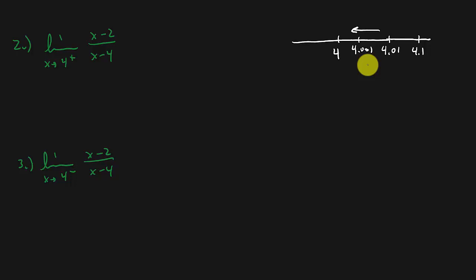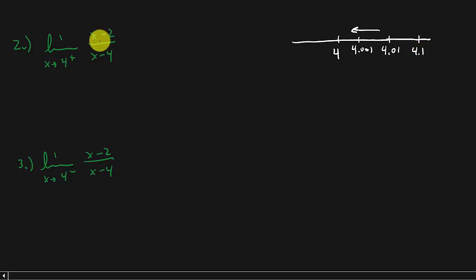So think of it this way. If I plug 4.1 into this function, well, 4.1 minus 2 is 2.1. 4.01 minus 2 is 2.01. And 4.001 minus 2 is 2.001.